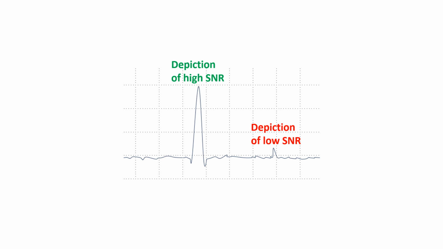SNR can be improved by different methods like improving signal strength, reducing noise level, and filtering out unwanted noise. It is known that a delta loop antenna has a low noise level compared to conventional dipole antennas. Signal strength can be improved by directional antennas if the direction from which the signal is coming is known.